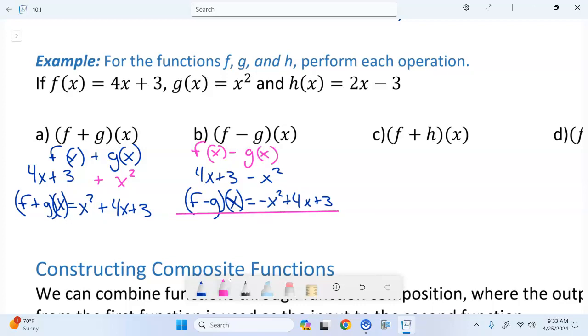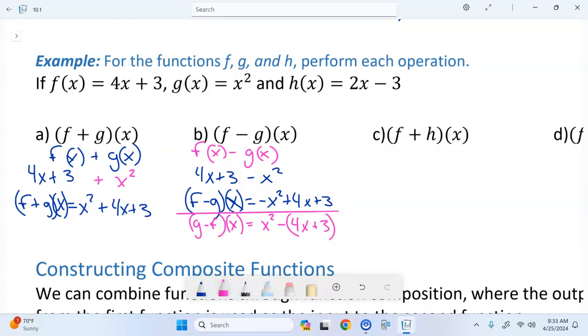What if instead it was g minus f of x? What would change? And minus 3. Because the entire function of f is being subtracted. So we have x squared minus our function, g of x minus f of x.